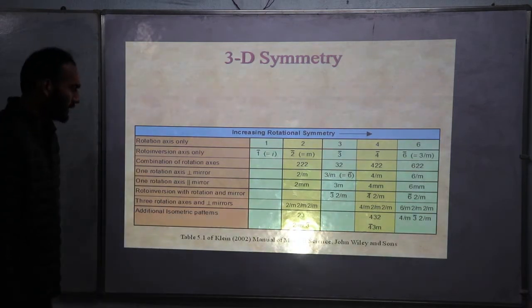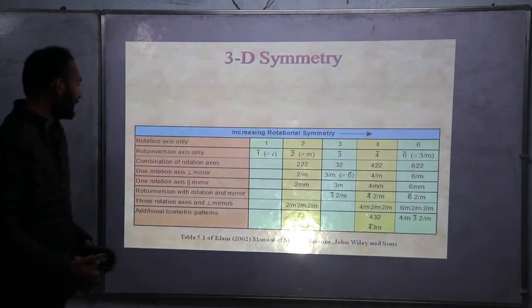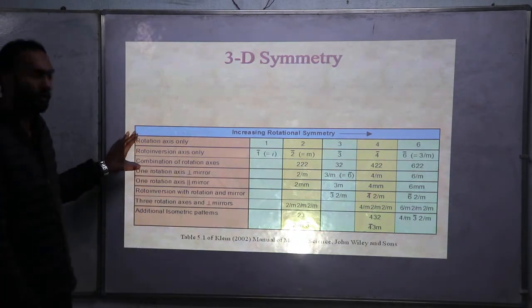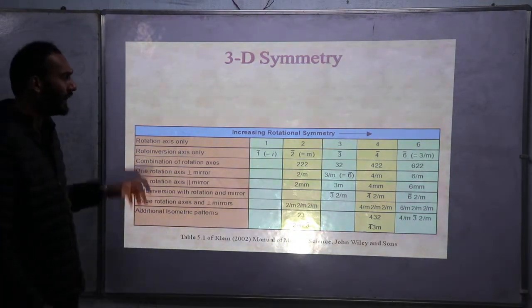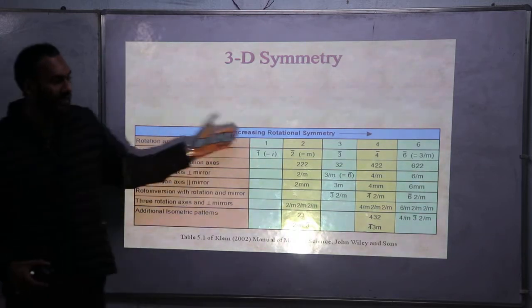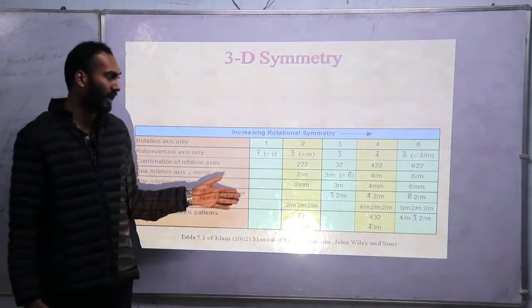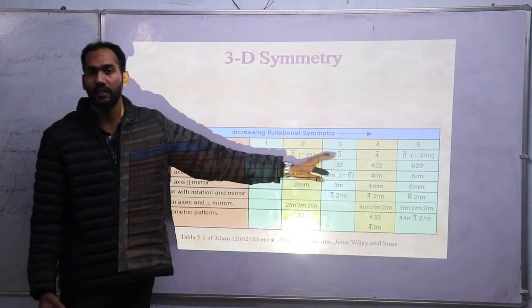Okay. So this is the table I am going to show you. See, if we talk about rotation axes only, how the different 32 classes are formed using combinations of these symmetries.